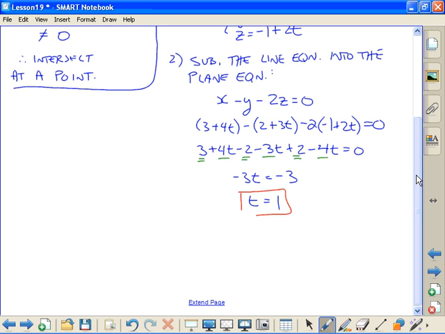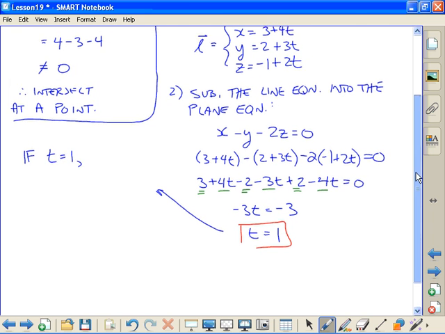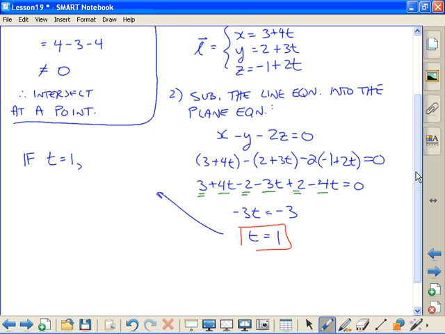Now remember, we're looking for a point. So to finish this off, if t equals 1, using that parametric equation from above, so line 1, x equals 3 plus 4t, y equals 2 plus 3t, z equals -1 plus 2t.